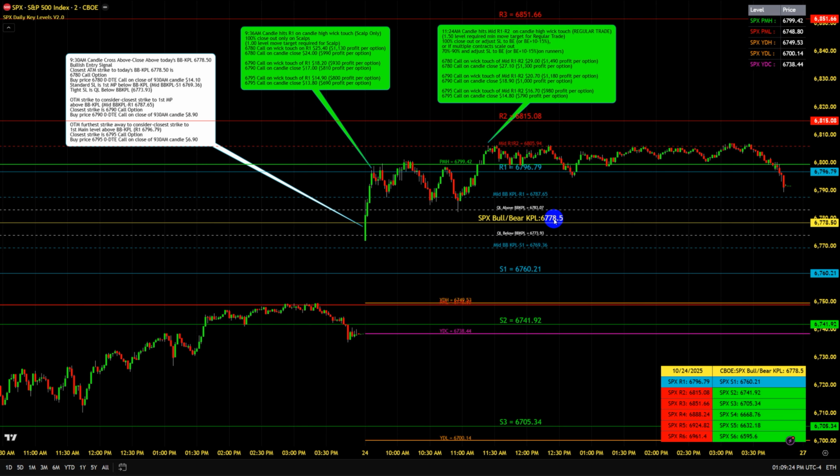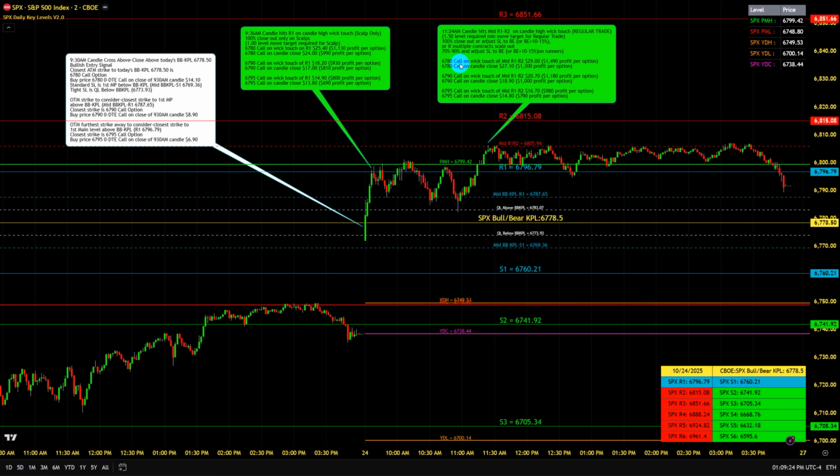This is the level we're trading from. This was the 1 level move for a scalp. So the 1.5 level move is simply the midpoint level above this 1 level, the mid R1, R2. A 2 level move from this level would be the R2. All right, so that's the 1.5 level move from the level we're trading.